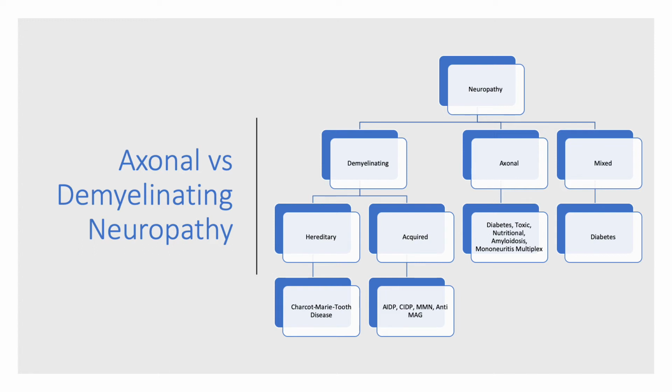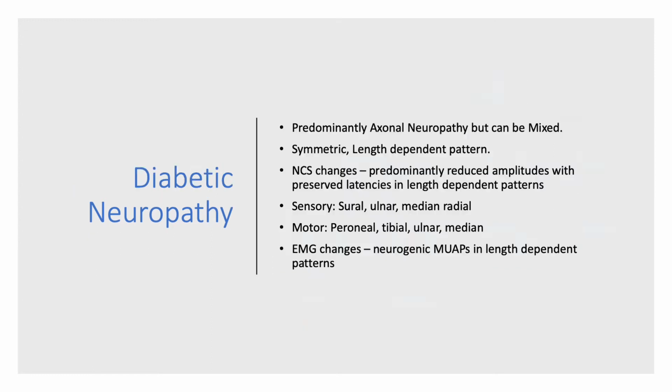So, Dr. Rahul Khanna, what else do you think we should know about diabetic neuropathy, especially the fact that it is so common and we see this quite often in clinical practice? Sure. Diabetic neuropathy, as we know, is predominantly an axonal neuropathy, but it can be mixed also, as Dr. Singhal very clearly pointed out.